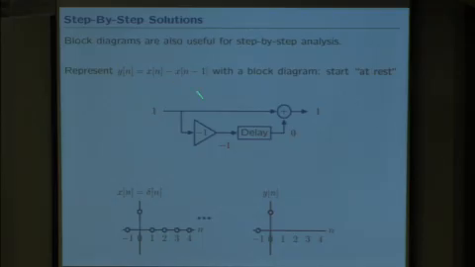Notice that the 1 also goes down this path and goes through the gain of -1 to give me -1. But I'm in step 0, so at step 0, the output of the delay is 0, not -1. So the output for time equals 0 is y equals 1, just like we saw for the difference equation. After all, I'm hypothesizing that those two systems are the same. It had better give me the same answer.